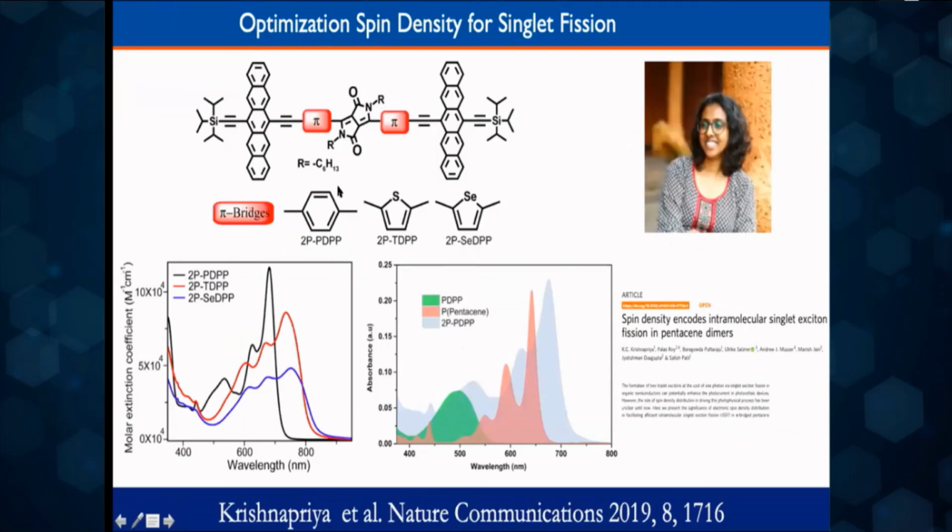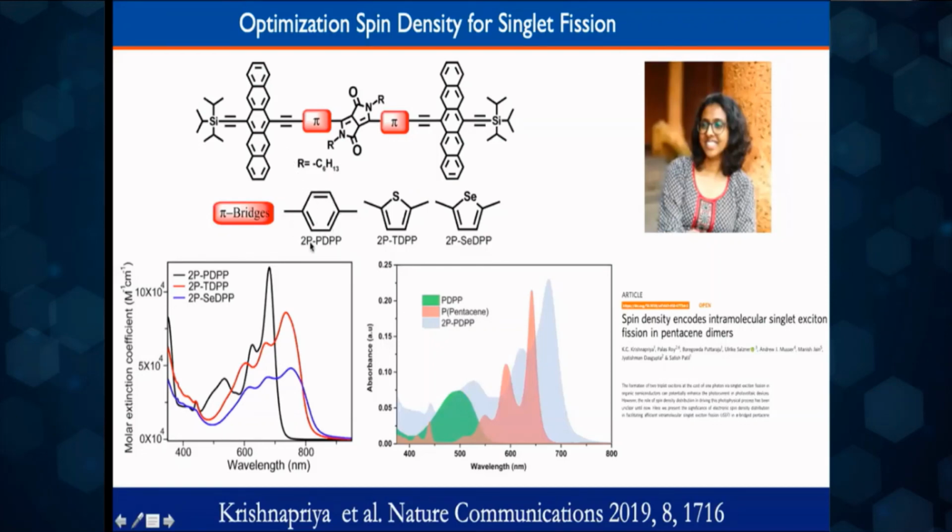One of the questions we ask in this project is how the coupling between two pentacene ladders affects the pathways for singlet fission, and whether this chromophore undergoes singlet fission or not. The pi bridge is very interestingly manipulated here.